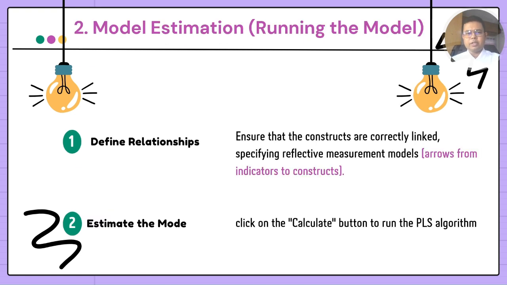Then we'll define the relationships. It means I need to create some arrow signs from the indicator variables to the construct, or the dependent variable. Then we will estimate the model, I mean calculate the result.